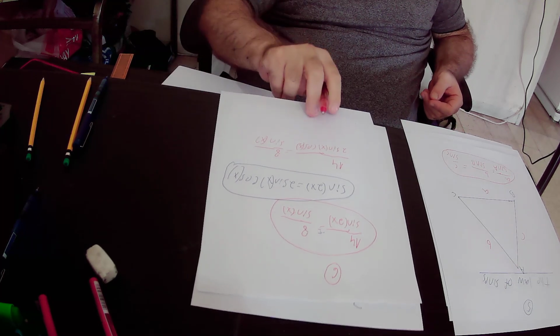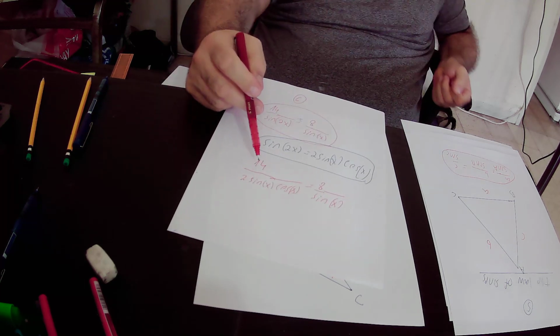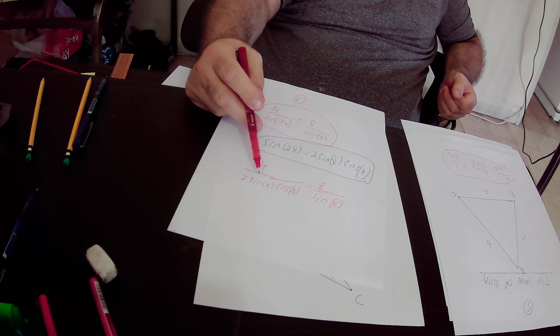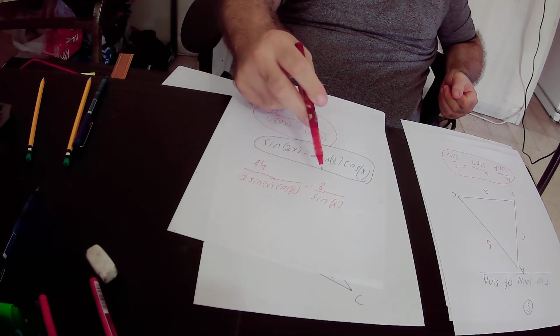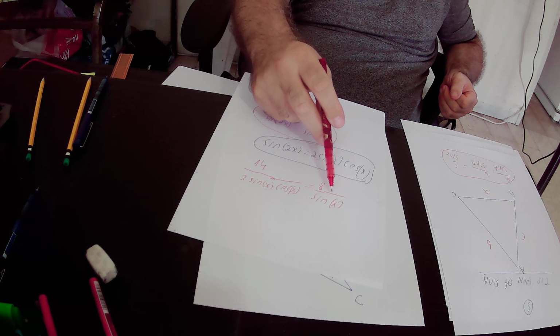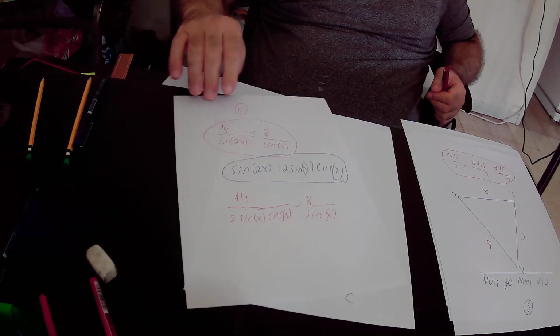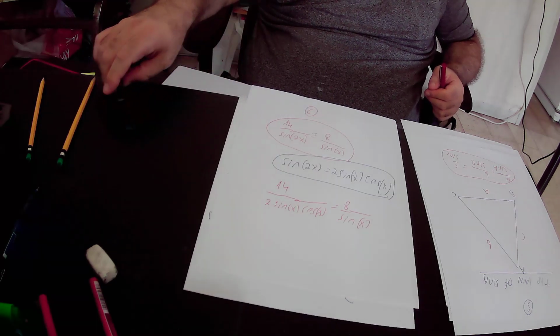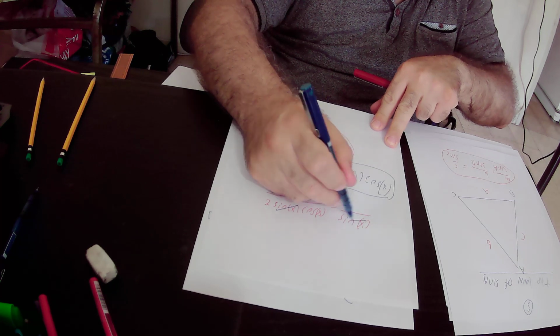So in this equality we have sine x in the denominator on this side, and we have sine x in the denominator on the other side of the equation. So we can cancel sine x.